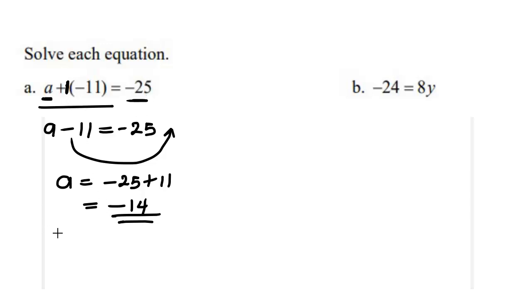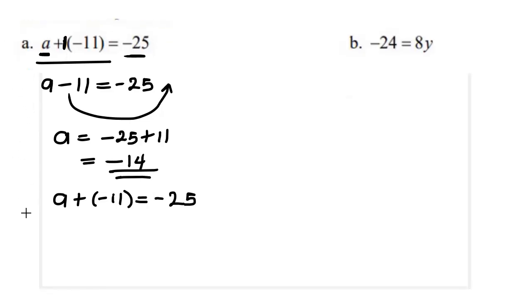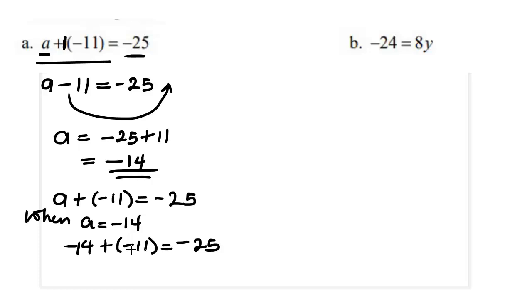So let's check. The original question is a plus minus 11 is equal to minus 25. So when a is equal to minus 14, it implies that minus 14 plus minus 11 is equal to minus 25. Let's confirm. Plus times minus is minus.